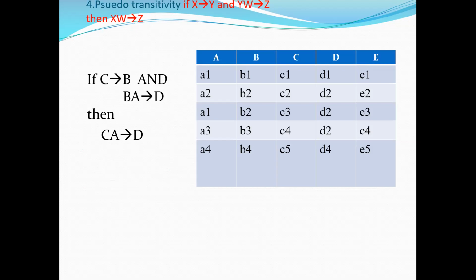No. B4 A4. Corresponding D4. B4 A5 pair is also not repeating. So BA can functionally determine D. So from these two functional dependencies, we can derive CA to D by using the pseudo transitivity rule.